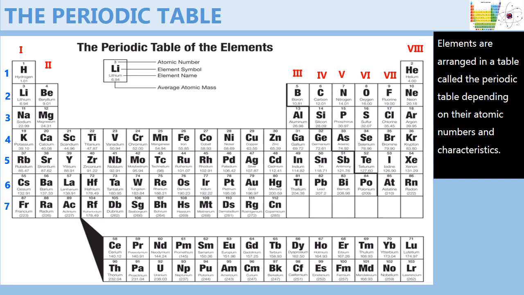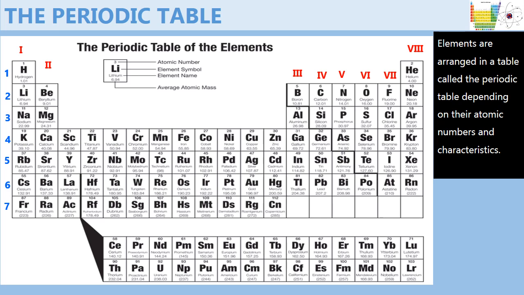Roman number 1 for group 1 and Roman number 2 for group 2. We skip to the next, which is boron, which has Roman number 3, which means it belongs to group 3.